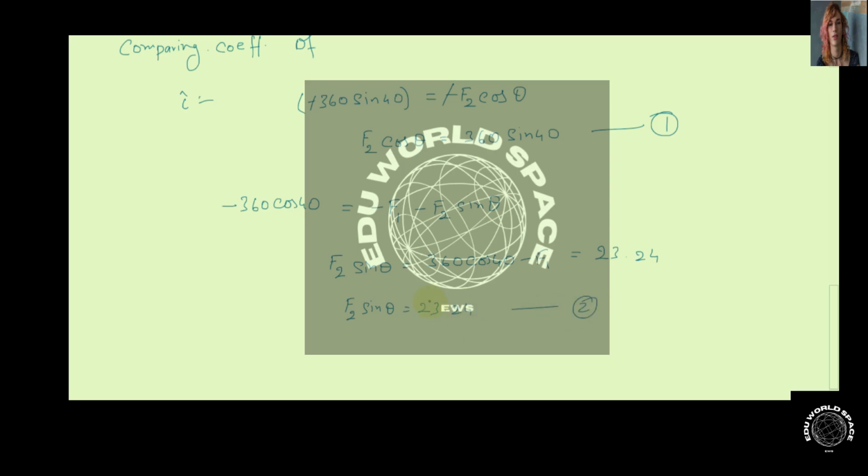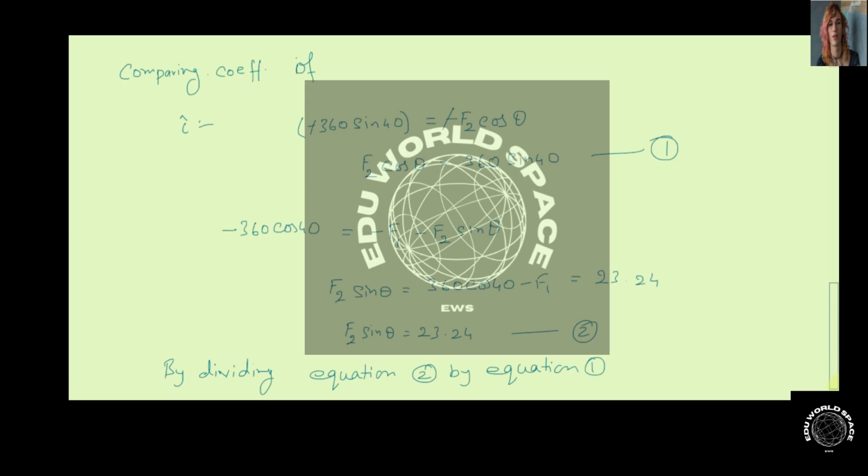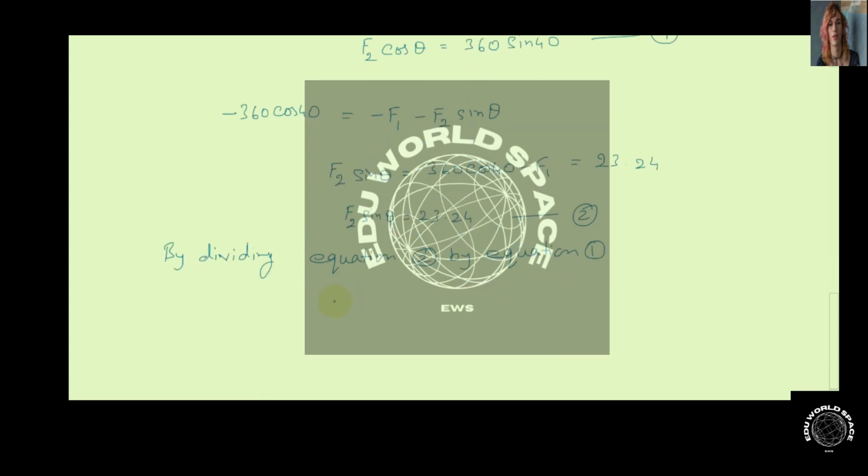Now if we divide equation 2 by equation 1, first we write equation 2: F2 sine theta is equal to 23.24.